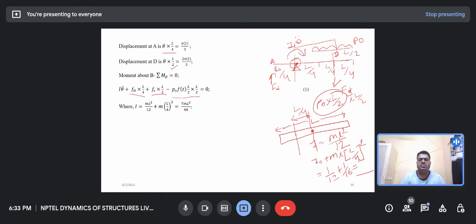So my I value is 7 by 48 ML square. And can anyone tell me what the Fd value and Fs are? Fd is C into the displacement at point A, that is V T by 3, so that would be V double dot T by 3.